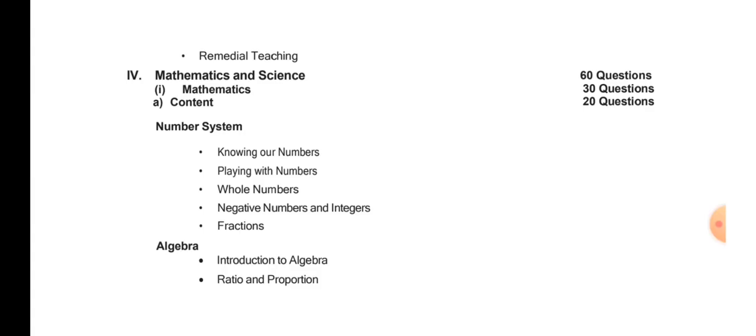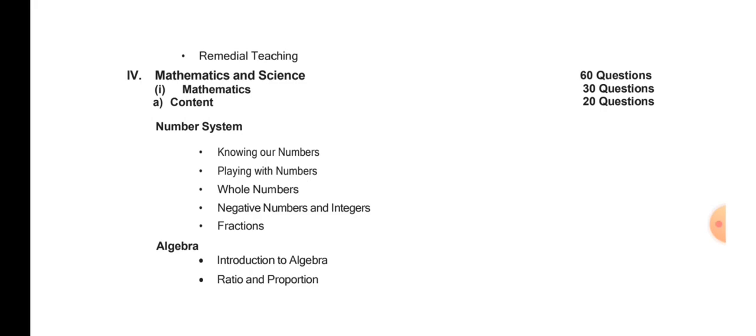Of course, we will try to see social science as well. So for this video, let's continue with mathematics and science. Here, mathematics content we will see, and this mathematics and science will be for how many marks? It will be for 60 marks, which means maths will be for 30 and science will be for 30, right?